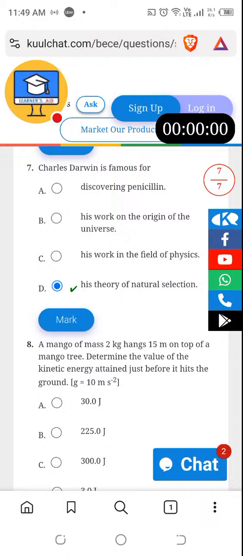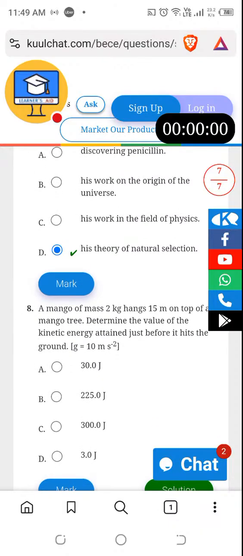Determine the value of the kinetic energy attained just before it hits the ground. Interesting question. So we have 30 joules, 225 joules, 3,000 joules, and 3 joules.